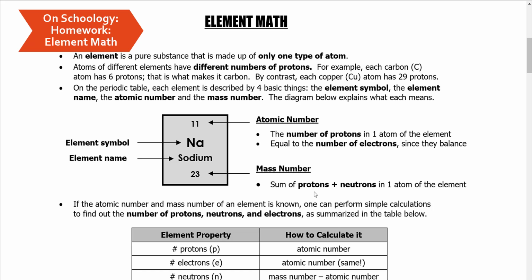If the atom is neutral, then the number of protons equal the number of electrons. If it's not, then you need to count the number of protons and count the number of electrons. Neutrons, you will always be able to calculate this number by subtracting the atomic number from the mass number.